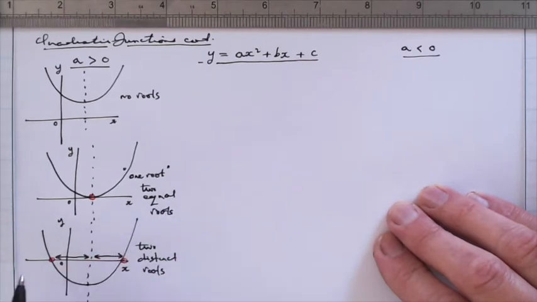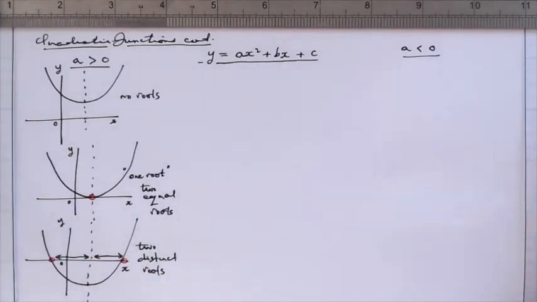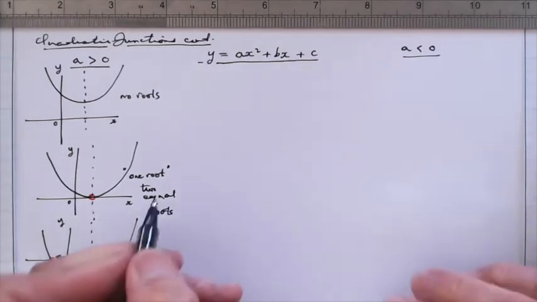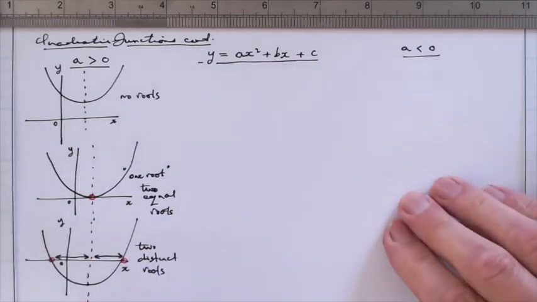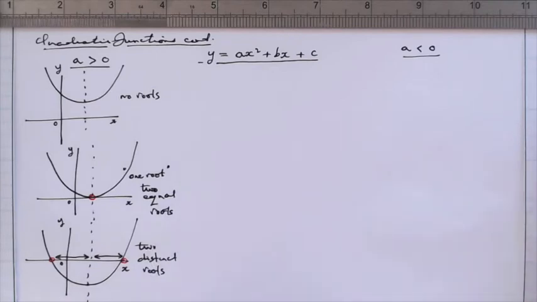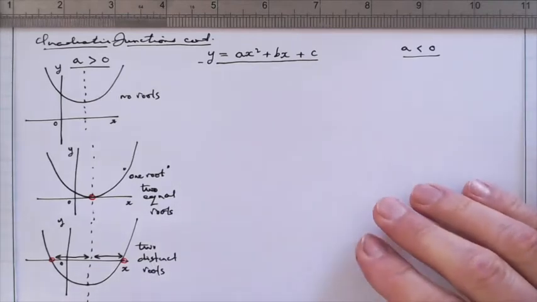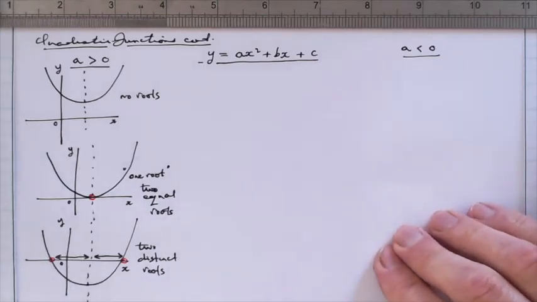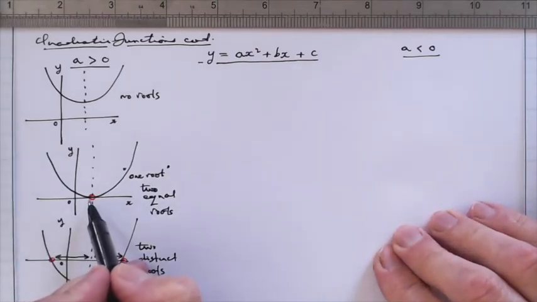Now, it probably is best if I don't give my opinion on this, because it's probably not terribly helpful. But it's a bit like having a single child and calling that child two equal twins or something like that. However, the intuitive point is that the curve touches the x-axis at one point.